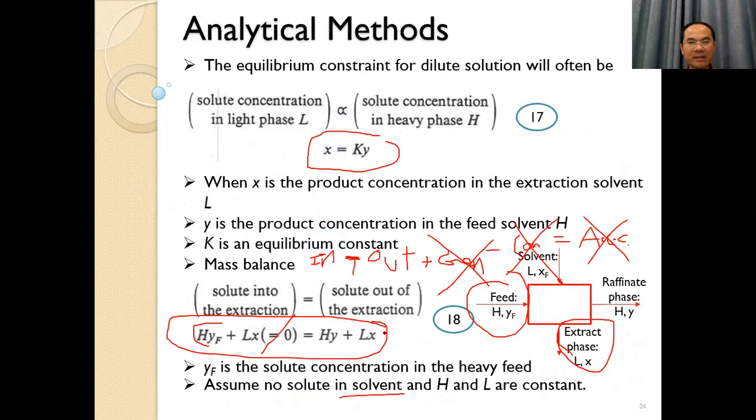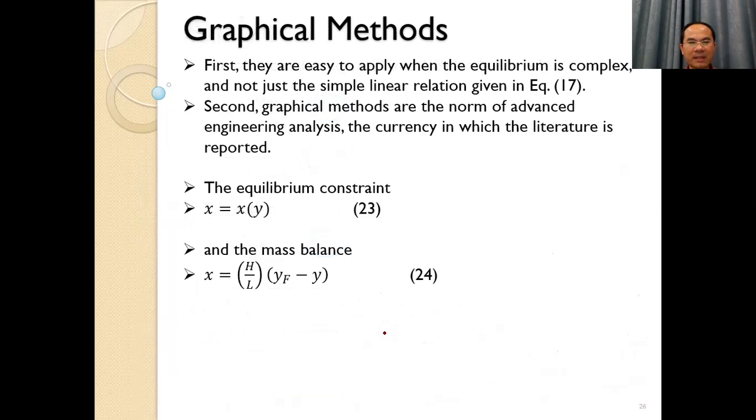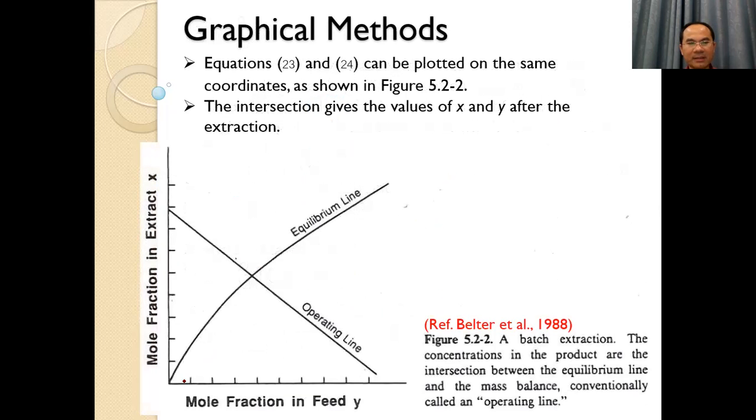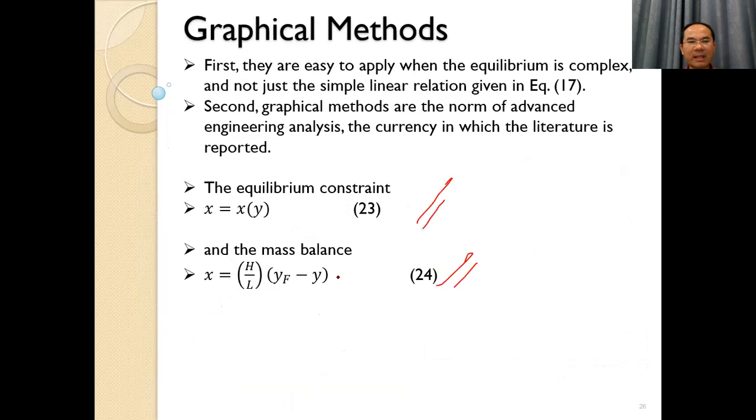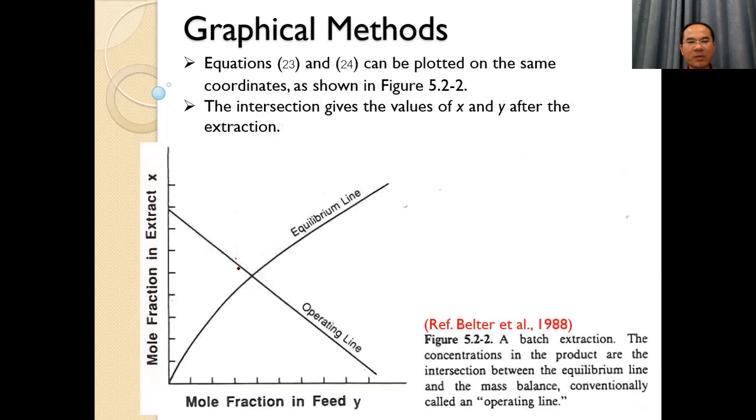From this equation, you can rewrite, and then you obtain equation 40. We have these two equations. You can plot the equilibrium line and the mass balance line. This is the equilibrium line, X and Y. And also you plot X and Y for the operating line. Operating line. And finally, we can calculate the extract yield.